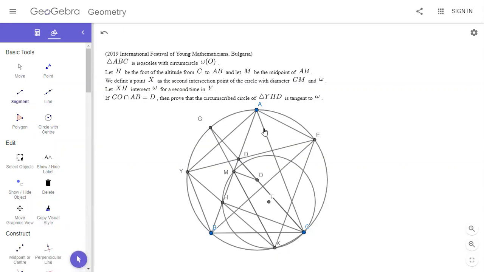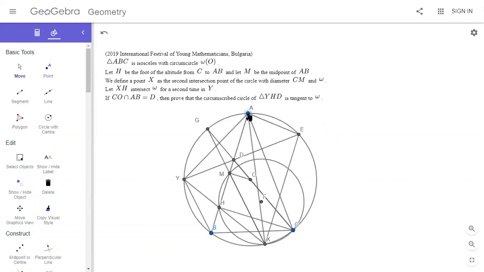Let's see. I'm just going to try to use the isogonal line lemma. Oh, A, F, and X are collinear. That's interesting. Why is that true? Oh, no, it's not true.